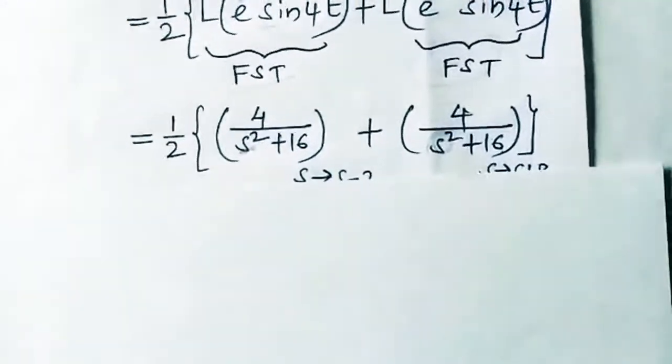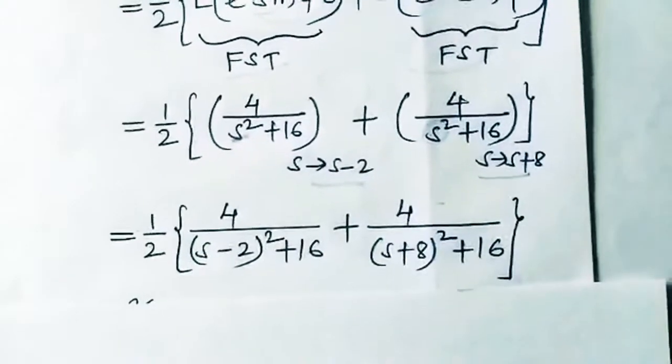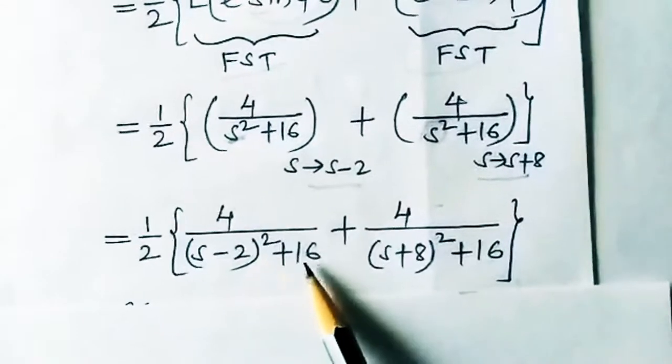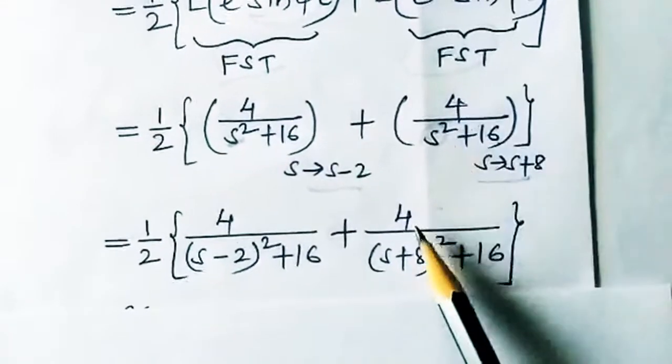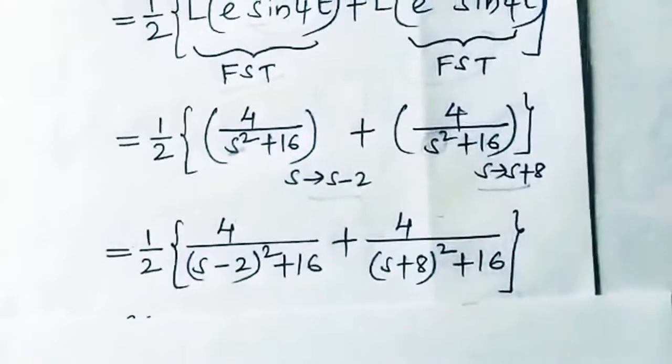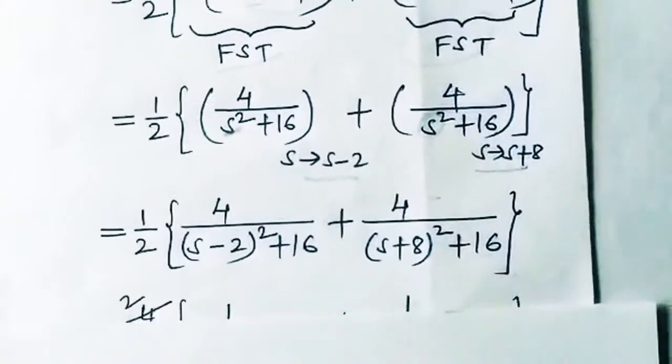Then 1 by 2, 4 divided by s minus 2 whole square plus 16, and 4 divided by s plus 8 whole square plus 16, and just open the bracket and simplify them.